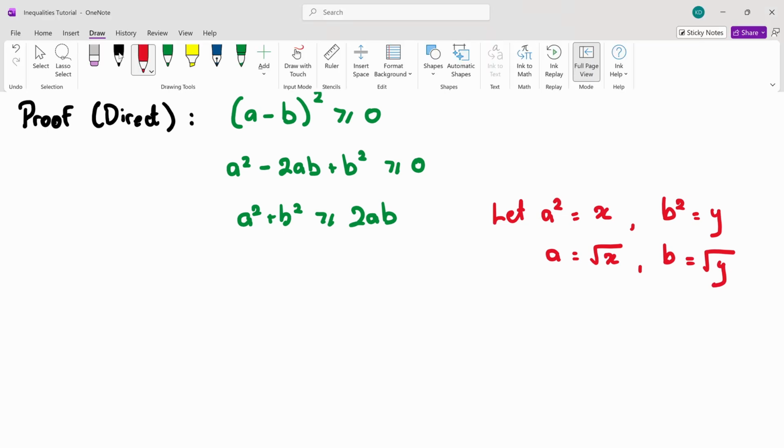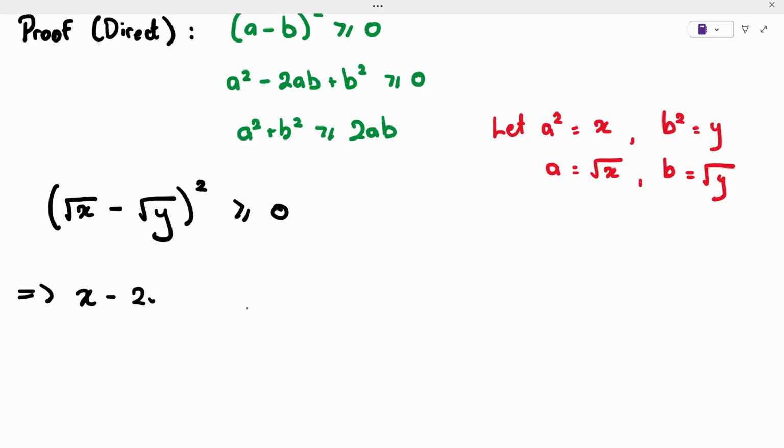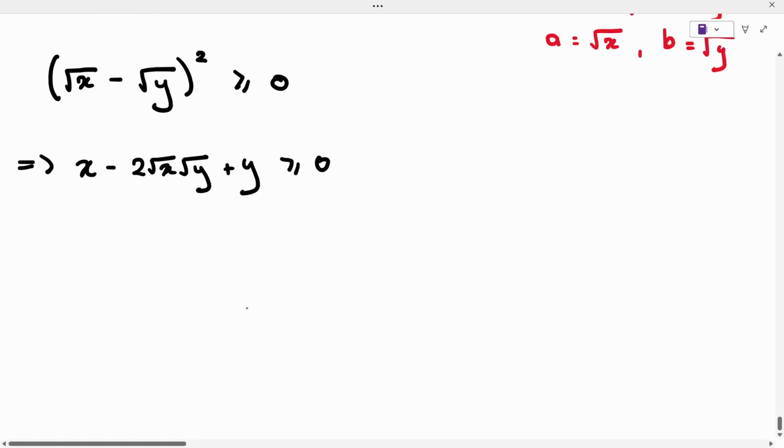So for the proof, I'm going to take (root x minus root y) squared, which we know is greater than or equal to 0. That implies that x minus 2 root x root y plus y is greater than or equal to 0, right?